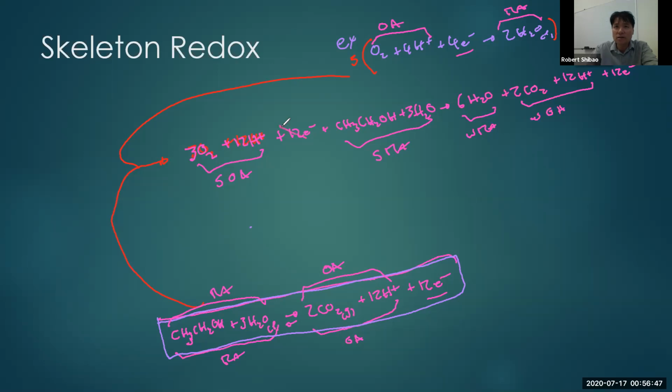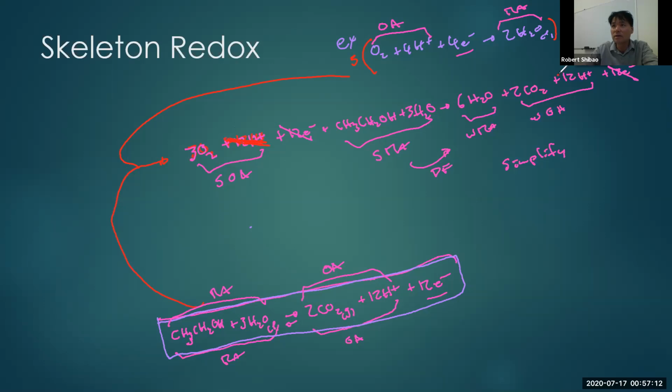Now the 12 electrons have to cancel, which they do. And so there's driving force here. Now we're going to simplify, because we can cancel some of the stuff on the left and the right. I have 3 O2s, but I have 12 H plus here and 12 H plus here. Let's cancel out the 12 H pluses.